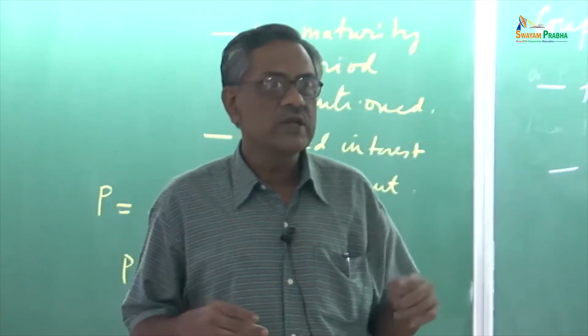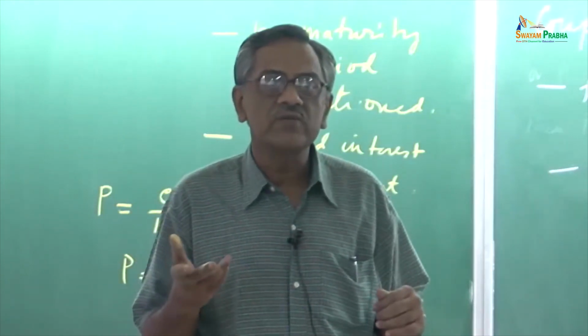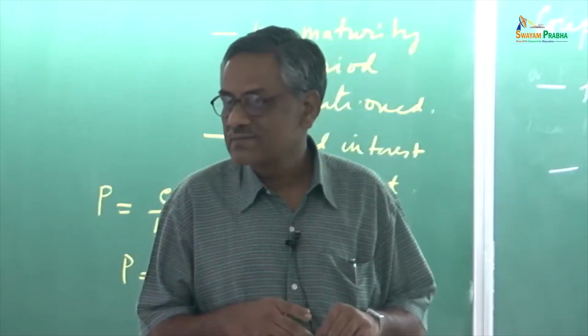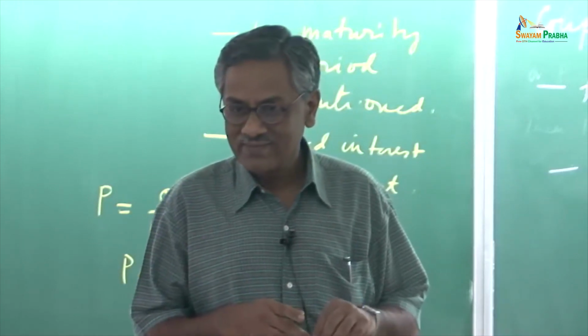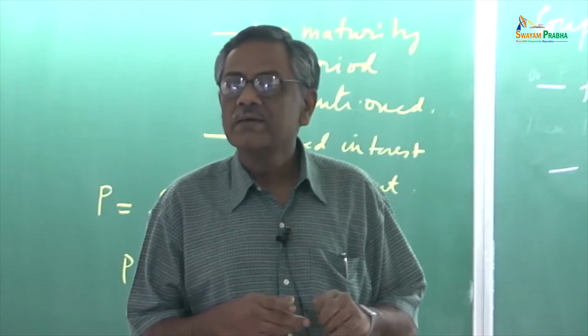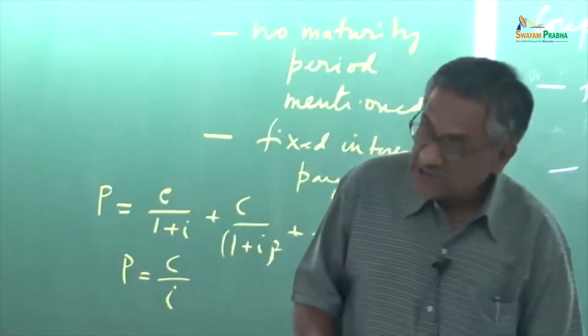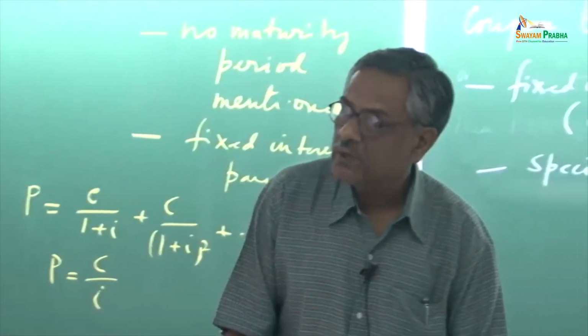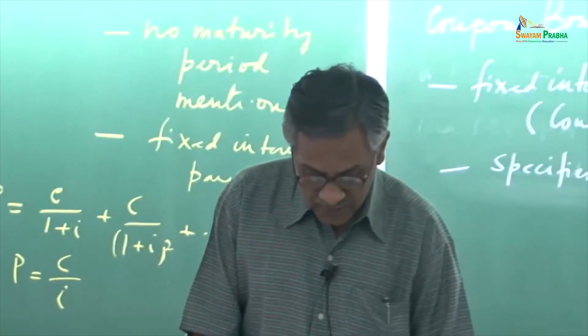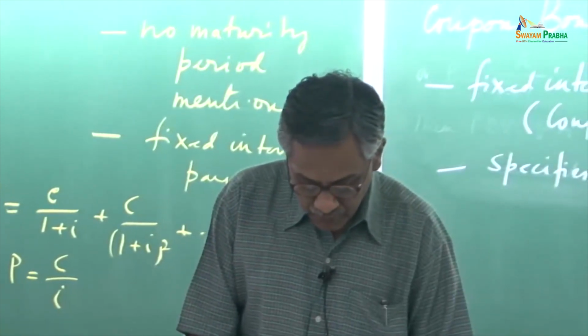Interest income 4.84, 7% is inflation, so the real return is negative. Nothing. So console I first read in the context of the English economy. They issued some console government. All right.